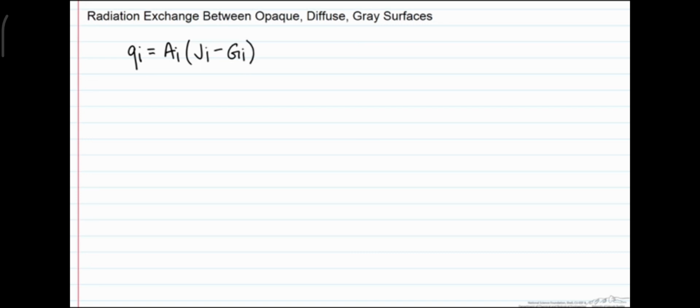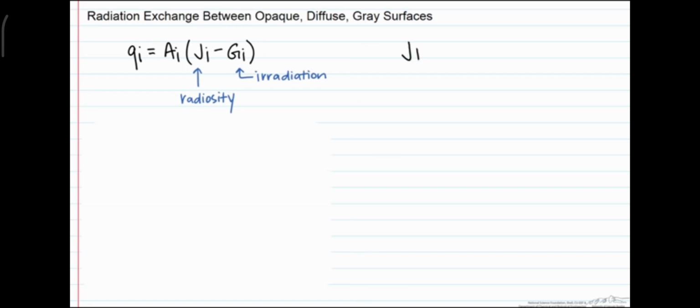J is our radiosity, which is all the radiation that leaves the surface, and G is our irradiation, which is the radiation that's incident on the surface. For an opaque diffuse gray surface, our radiosity is equal to the emissive power plus the reflective irradiation, since that's the only part of G that leaves the surface.